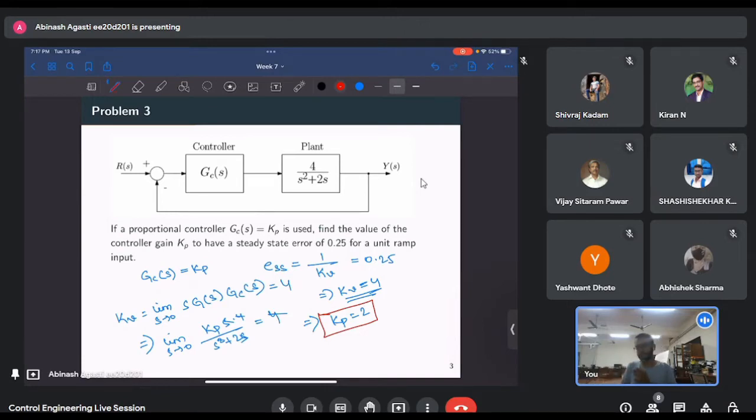Then you will most likely have to do a trade-off. For a PID controller, you see that if a certain specification is being met, the other one is violated and vice versa. So in that case, you'll try to get to a trade-off point. Like, I am fine if this percentage overshoot is this much and the settling time is this much.